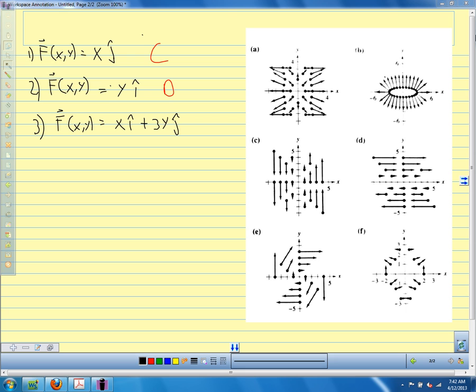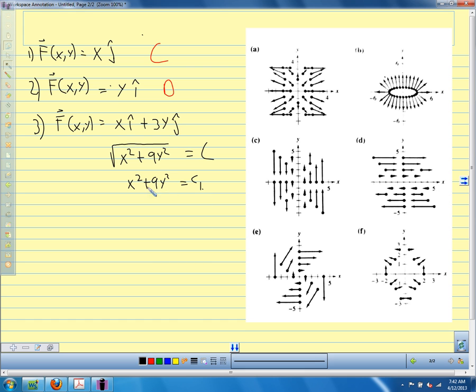So let's look at where the magnitude is constant. What's the magnitude of this vector? x squared plus 9y squared, and that equals a constant. Square both sides, so I get x squared plus 9y squared equals some other constant.